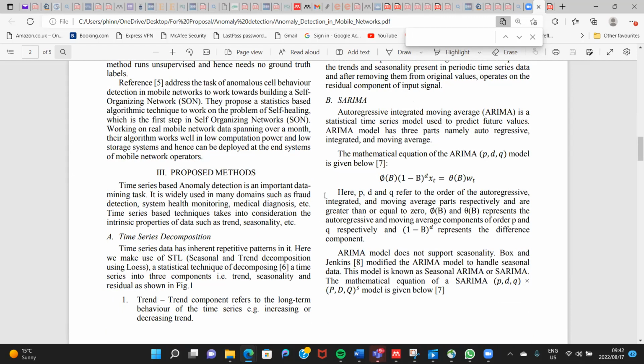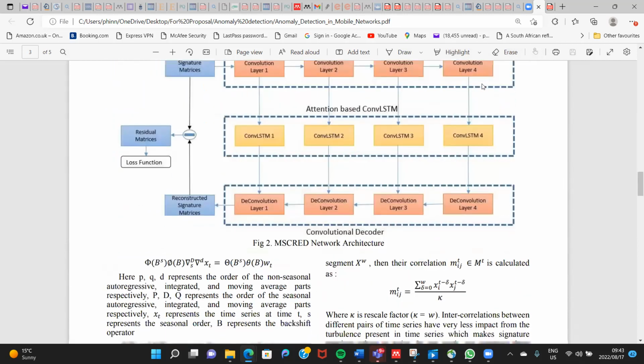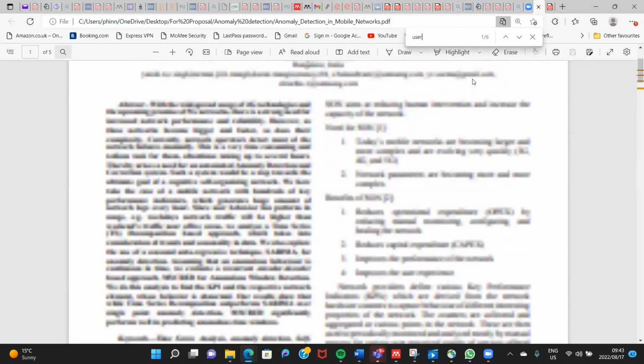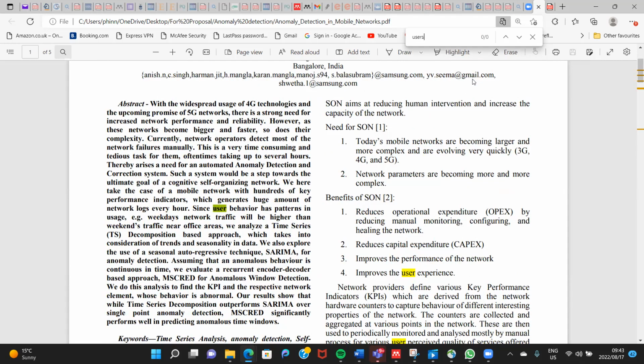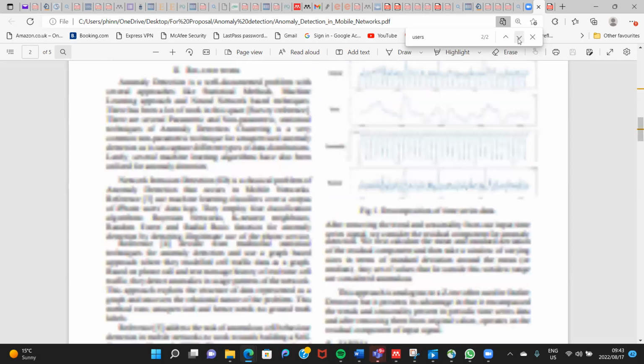They use the auto-regressive time series, decompose trend analysis, and so let's look at population. We want to know the population of the study. Let's type population. Nothing. Okay, and let's do users.